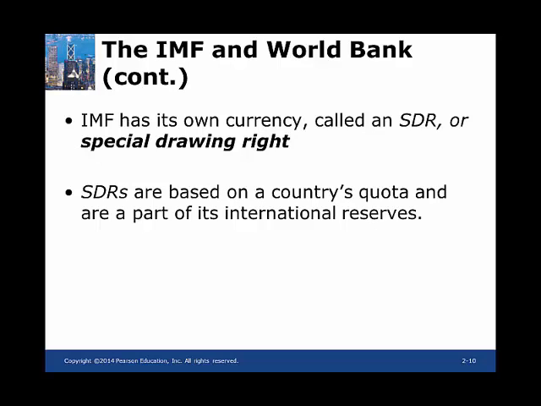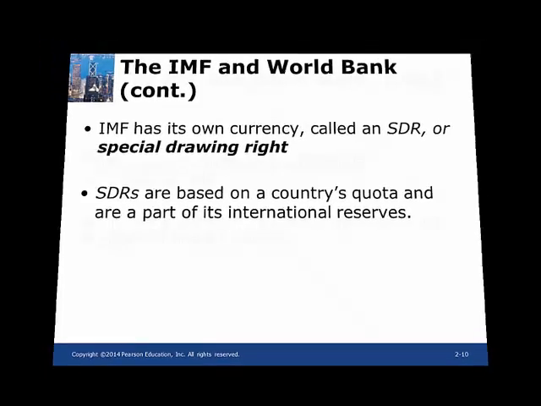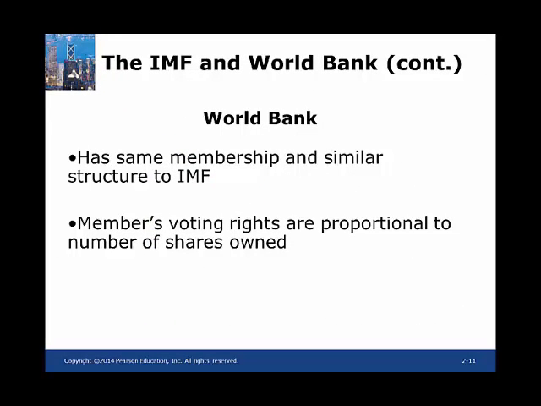The IMF has its own currency called SDR, or special drawing rights. Special drawing rights are based on a country's quota and are a part of its international reserves. The World Bank has the same membership and a similar structure to the IMF.